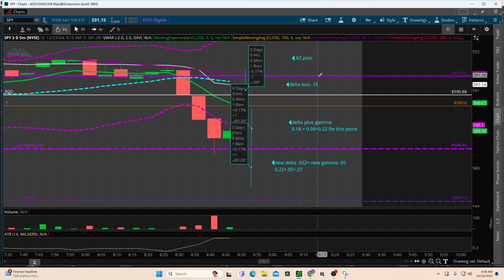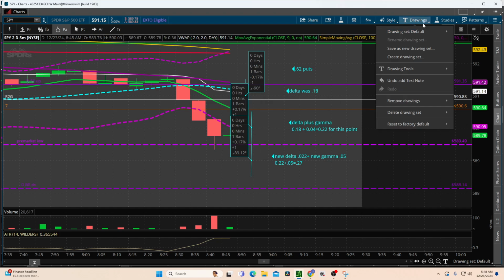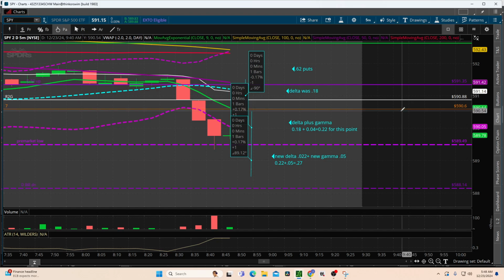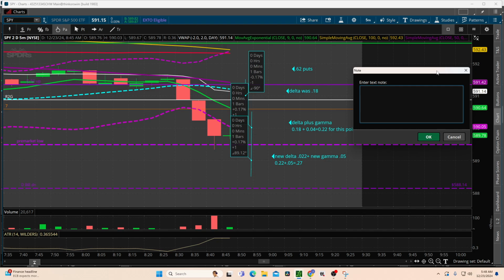This is the reason why you can gain so much money. So if it moves down 3 points, if we were to add this together, it would be 0.18 on the first one plus 0.22 on the second one plus 0.27 on the third one.